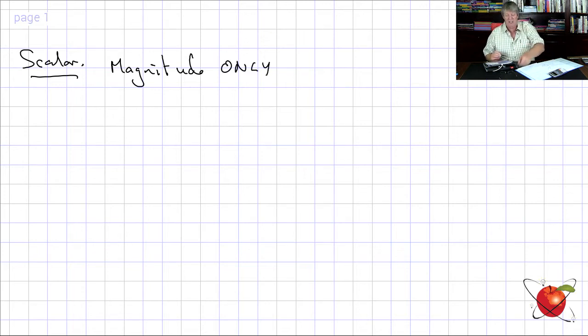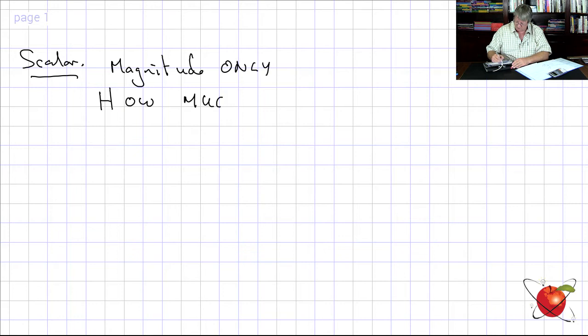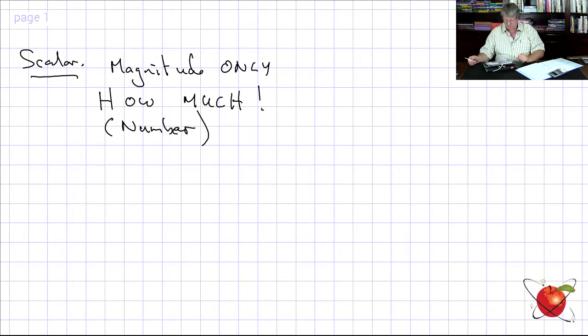In other words, it's an amount. How much? A scalar is how much. It's just a number.